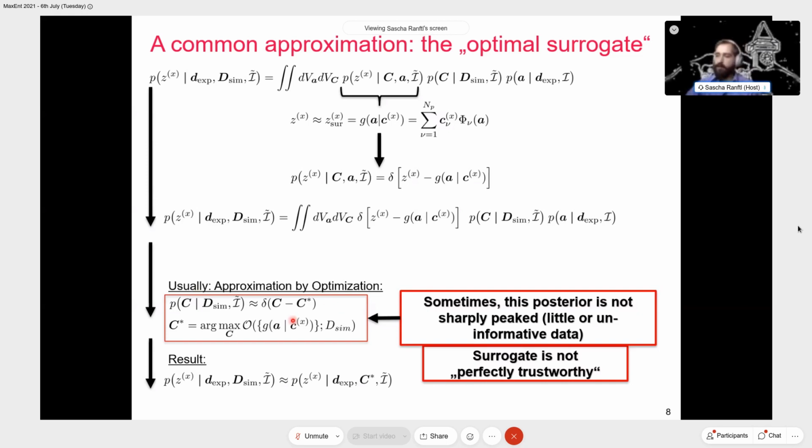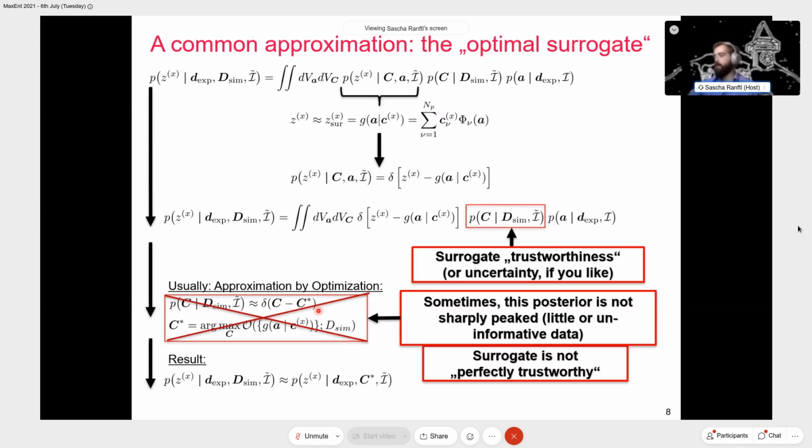By imposing that the PDF of C, given the data, is a delta, you effectively say that your surrogate is perfectly trustworthy, or the other way around, it has no uncertainty. So I would like to go a step back and look at this term here in a bit more detail, whether we can find something better for this expression. Can we quantify the surrogate uncertainty or trustworthiness, whatever you would like to call it?